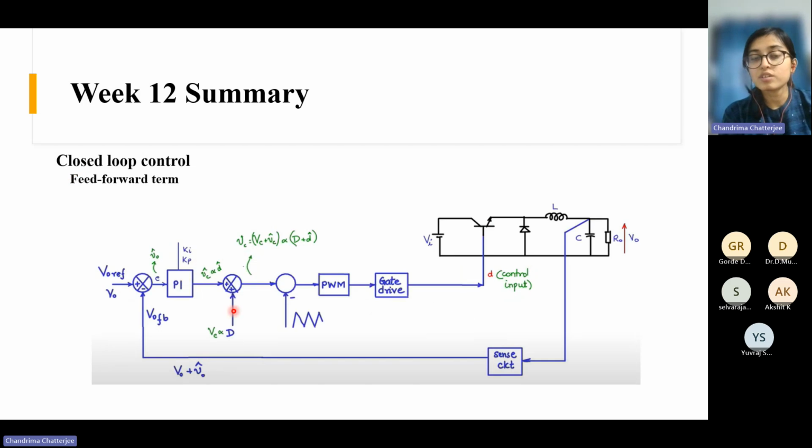Then the controller burden will reduce and the overall closed loop performance will increase. Okay. So this is called a feed forward term because we are feeding it forward. So this is another strategy: you can reduce the controller burden by applying this feed forward term.